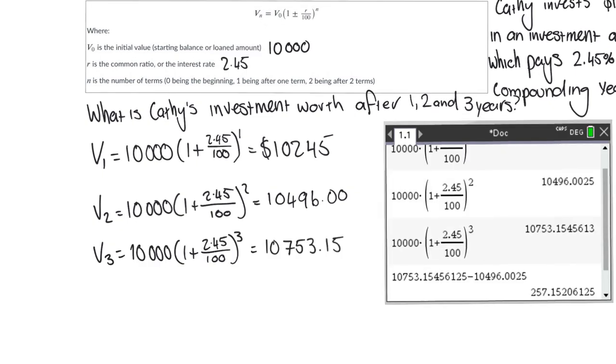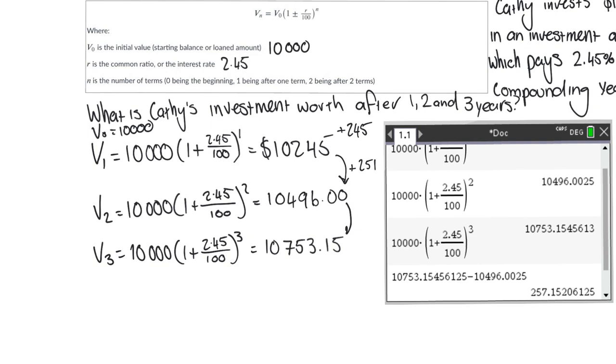Wow. So you can see now that Kathy's investment is worth $10,753.15. And if you remember, the jump from V0, which is really the initial investment, was an extra $245. Now the jump from here to here was roughly an extra 251, I think, from memory.